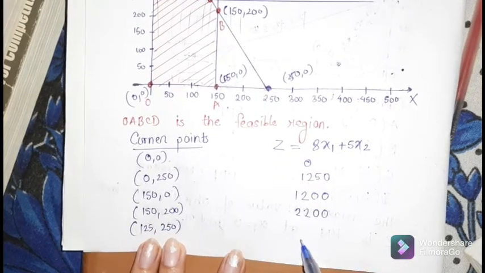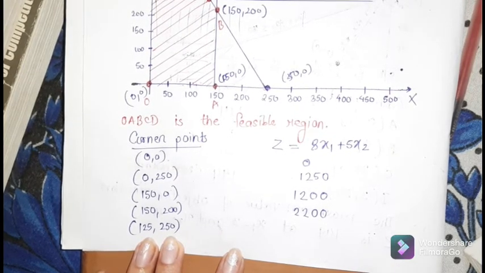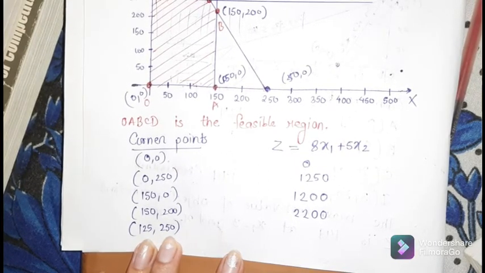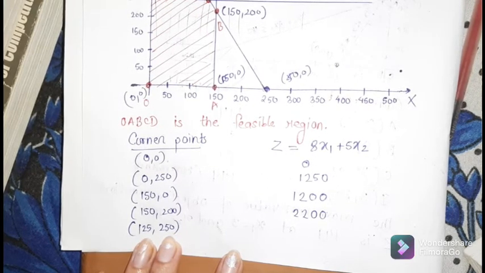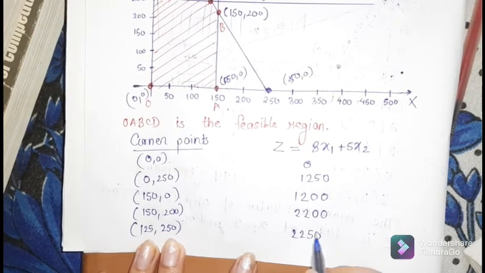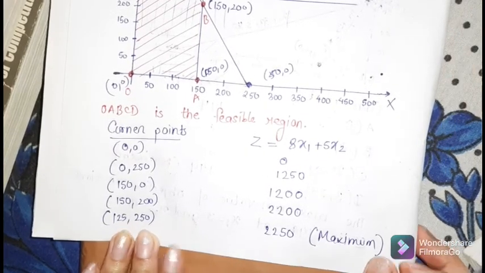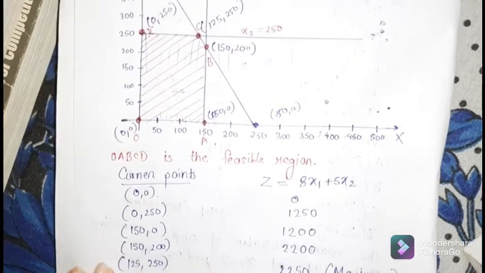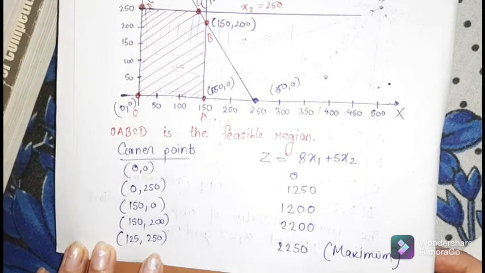And the last is 1250 plus 8 into 125, which is 1000, so it will be 2250. So this is the maximum value of the objective function, at the point 125 and 250. So the objective function is maximum at x1 equals 125 and x2 equals 250.